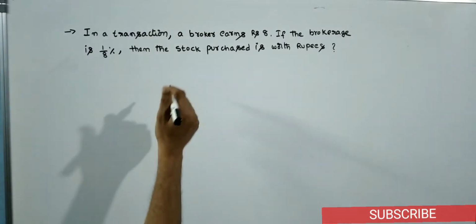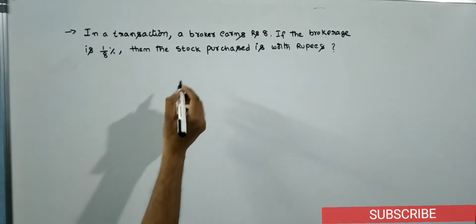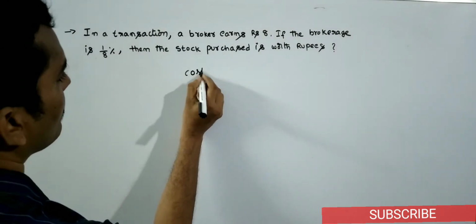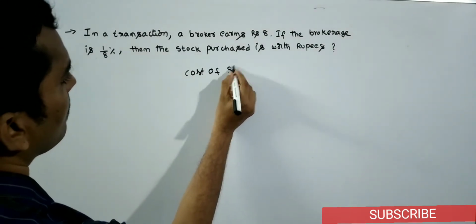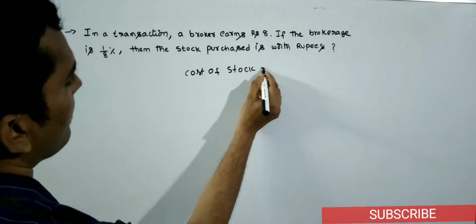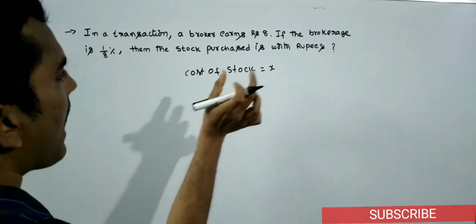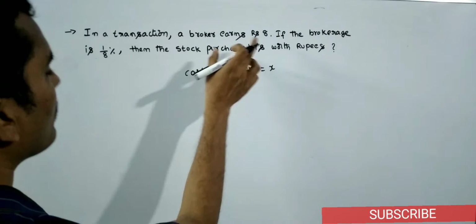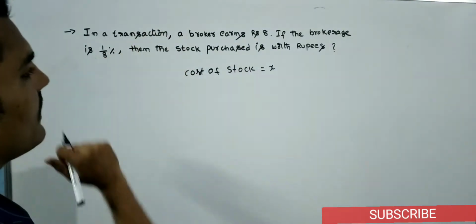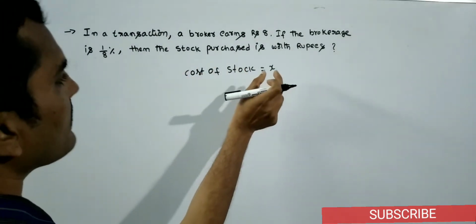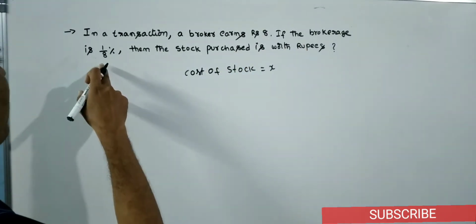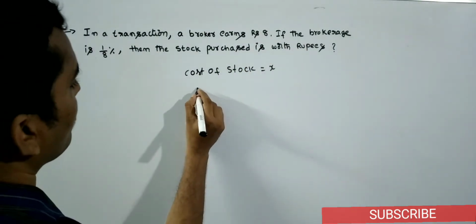We don't know the stock purchased cost, so we assume the cost of the stock as x. On this cost, the broker will get 1/8% brokerage.